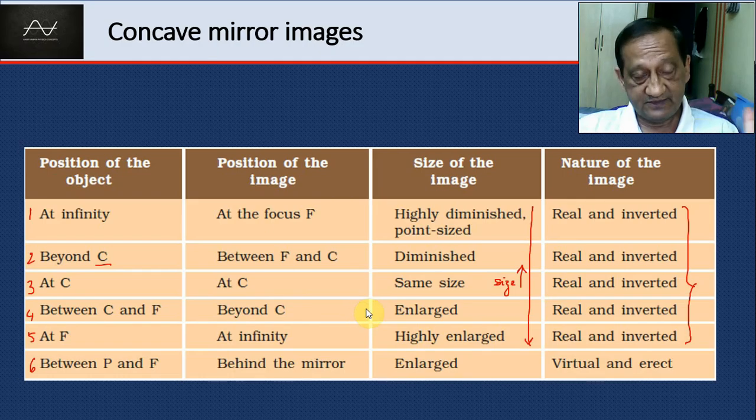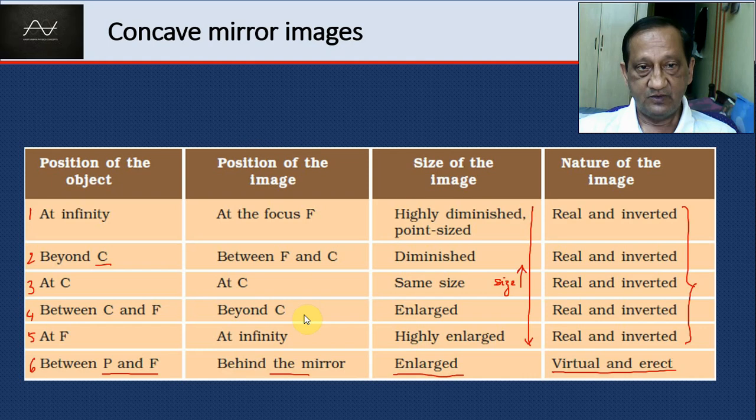That is, as the object comes closer, the image goes farther. And up till the focal point, from infinity to the focal point, the image is real and inverted. That is what you should definitely remember. And the sixth point you should know, when the object is between the pole and the focal point, then for the first time, the image is behind the mirror and it is virtual and erect, and it is also enlarged.